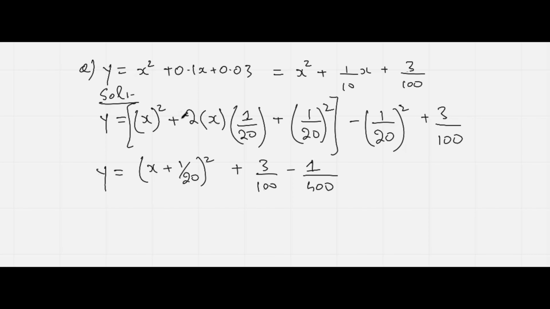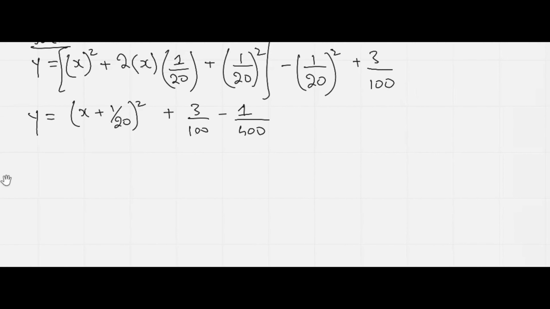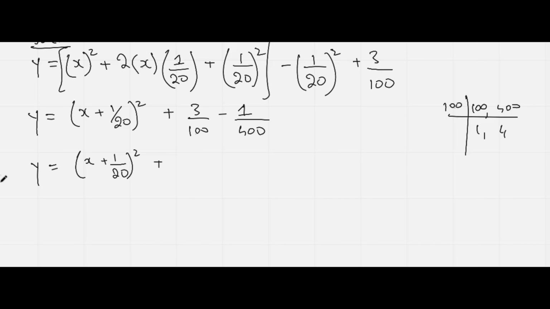I need to find the LCM of these two fractions. So y equals x plus 1 upon 20 whole square. Now you know the LCM of 100 and 400 is 400.